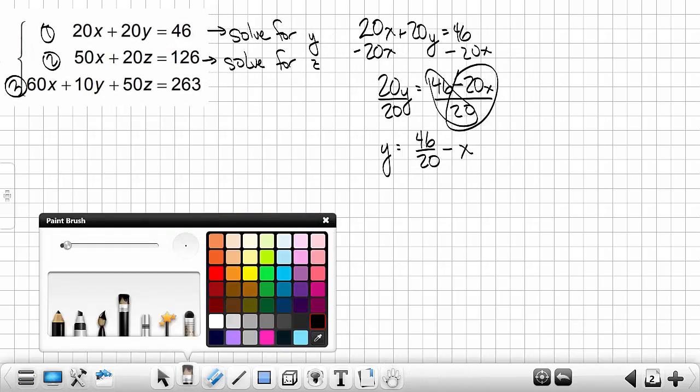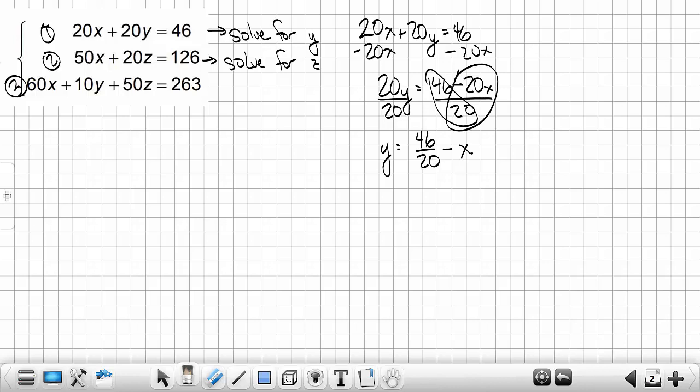So now I'll take equation 2 and solve for z. So I've got 50x plus 20z equals 126. So now I'm going to subtract 50x from both sides, and I get 20z is equal to 126 minus 50x.